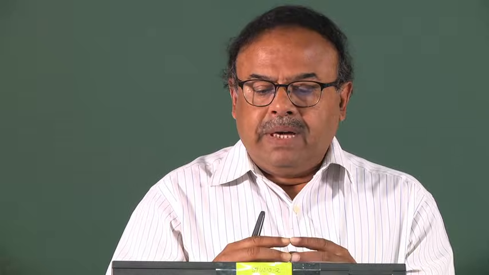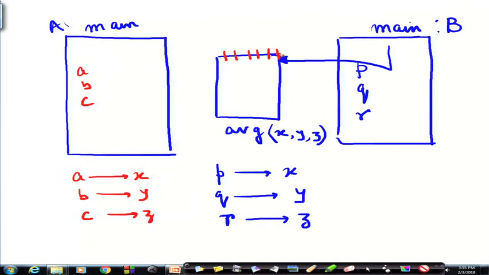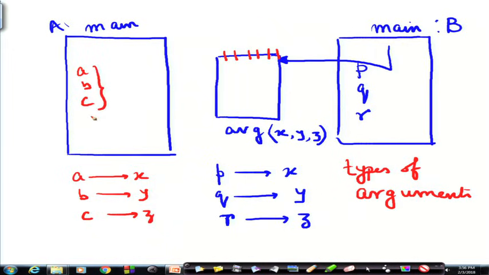What I mean is that the types of the arguments must match the types of the parameters, or in other words, the types of the parameters also must match the types of the arguments, so that the pipes fit. There should not be any mismatch over there.